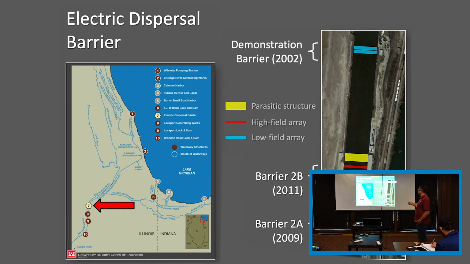Parasitic structures, I won't go into much detail there, but they're large woven steel structures that span the bottom of the river that help concentrate the electrical field and keep it from dispersing across the entire channel. Which apparently was a problem when these were first installed.